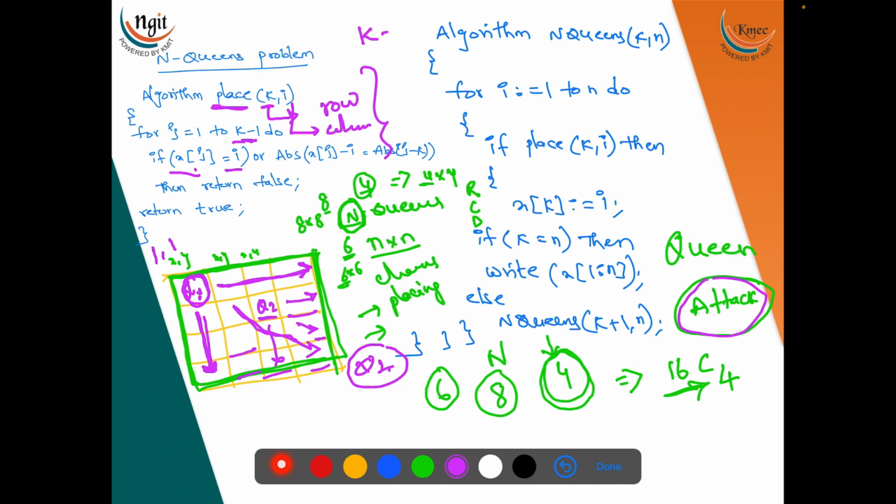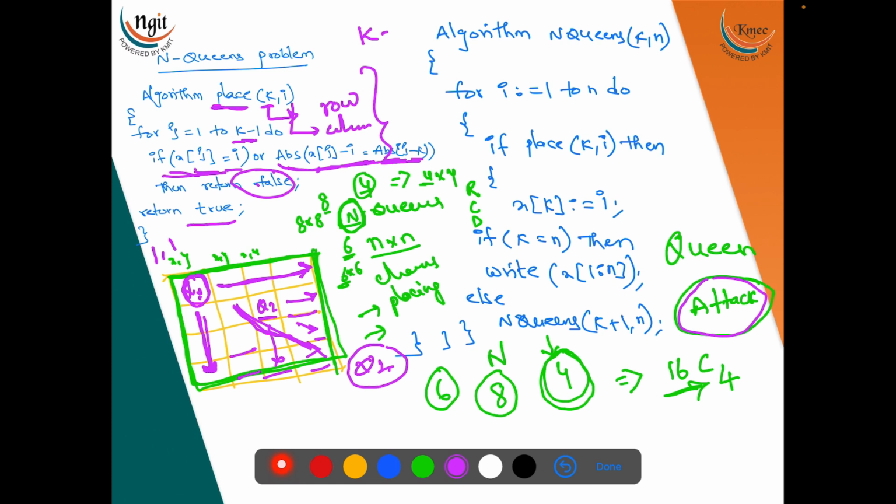This absolute value will give you the diagonal path, so it tells you there is no same diagonal, and the other condition tells you there is no same column. If it matches, then we return false. If it doesn't match, then it indirectly says that the queen is under no attack, which means we return true.